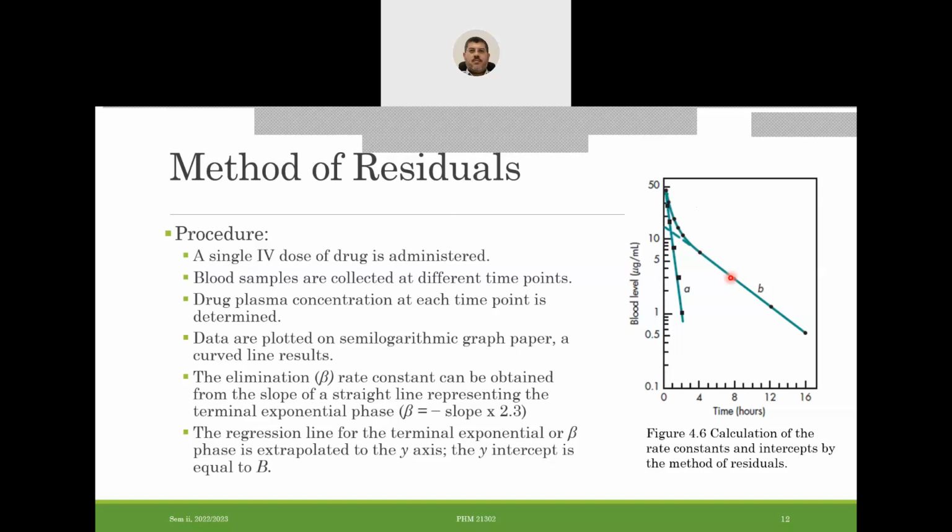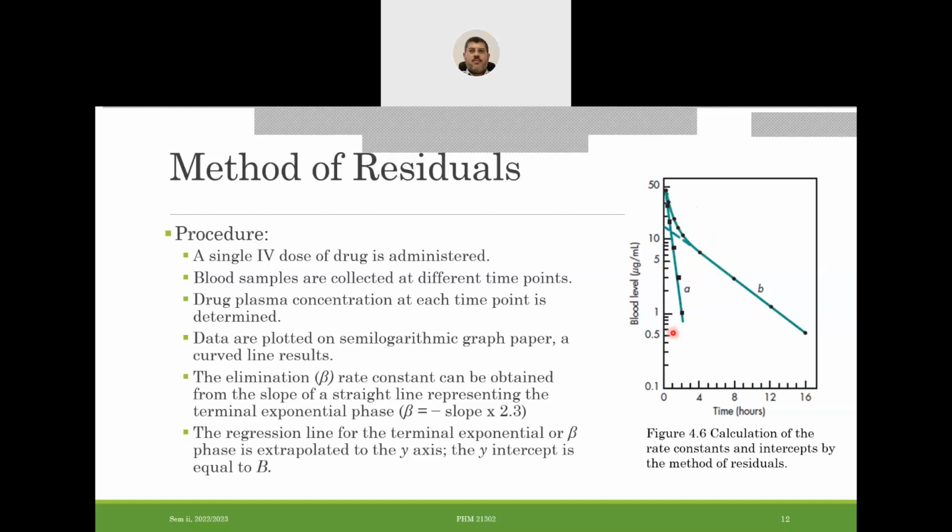Practically, how do we identify the model that the drug is following? By doing a kinetic study. You give a certain dose of the drug, collect blood samples, measure the concentration, plot the concentration in blood versus time, and then look at the shape of the curve on semi-log paper.